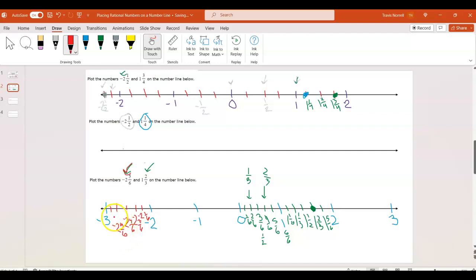See how these are going backwards? Here we go. -2 and 5/6 is what we're looking for. It makes sense that that would be right next to -3.